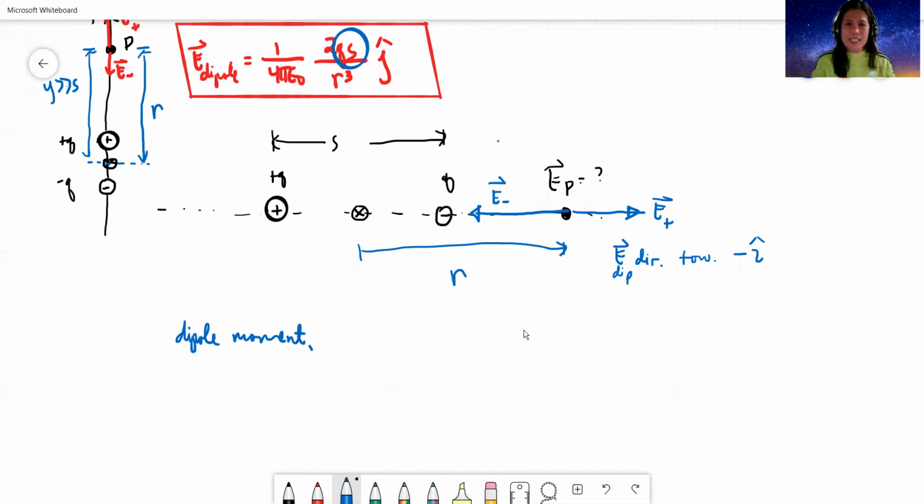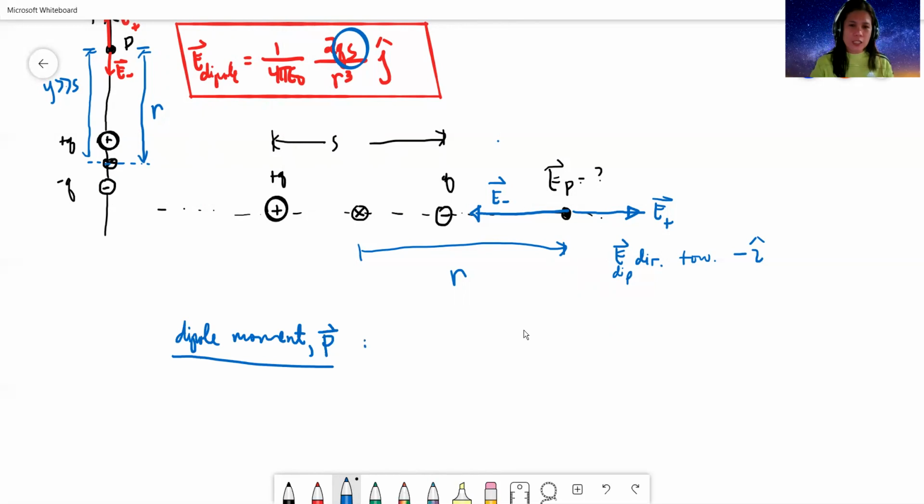And the symbol is like the momentum symbol that we use in physics 1. Okay? Pero this has nothing to do with momentum, mass times velocity ha, kasi hindi naman nagmo-move ang charges natin. We're still in the study of electrostatics. I do not know the history bakit tinawag siyang dipole moment. But anyway, that is another physical quantity, no?